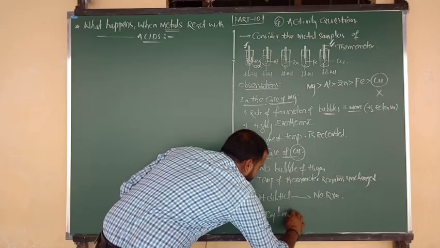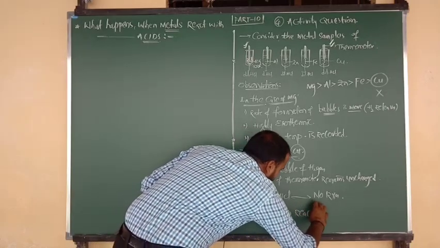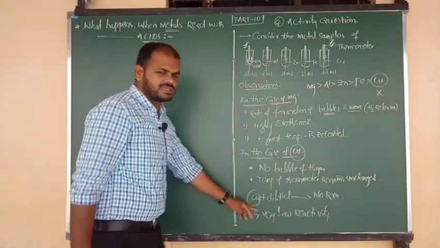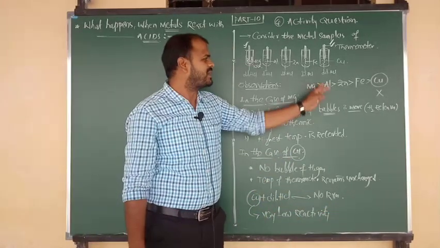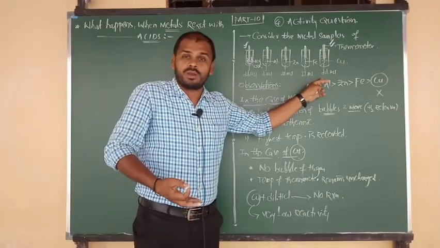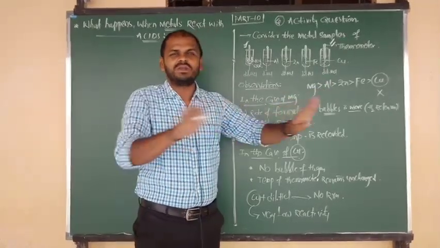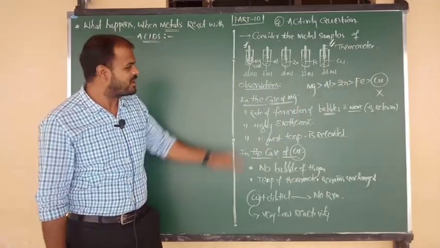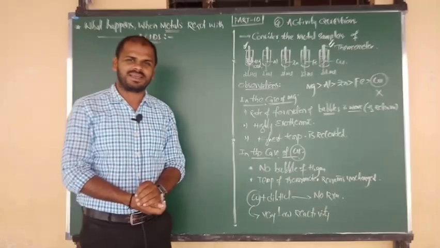Due to its very low reactivity, it does not react with hydrochloric acid, does not evolve H2 gas and does not evolve heat. That's why there is no change in the thermometer temperature reading. I hope you understand this activity clearly, beta.